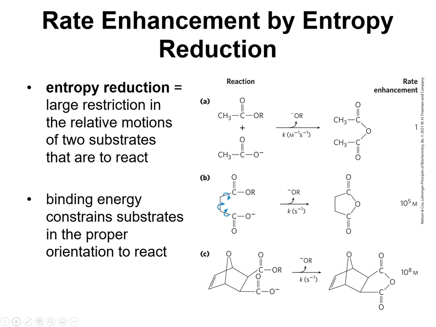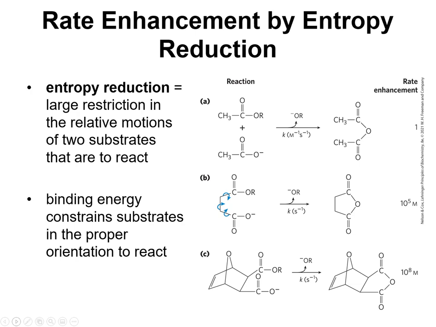So what we have in this figure to the right is a series of different reactions. And we go from having two separate substrates that we have to bring together and form one product. Let's say that the rate enhancement for that is 1. Let's say that we've got a substrate that has all the functional groups that we need in that same one molecule.